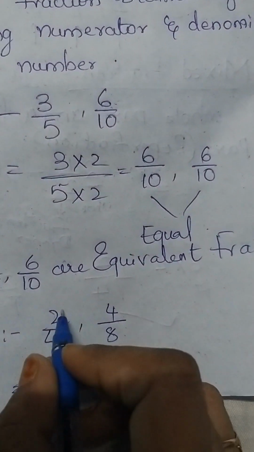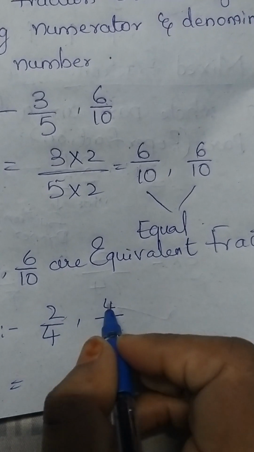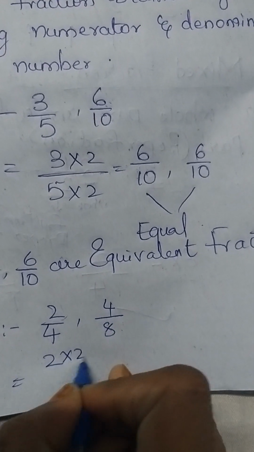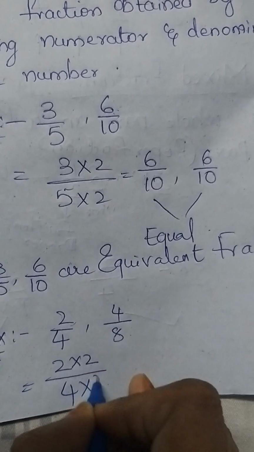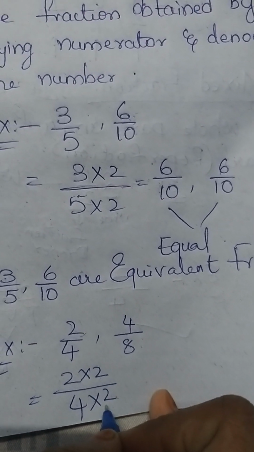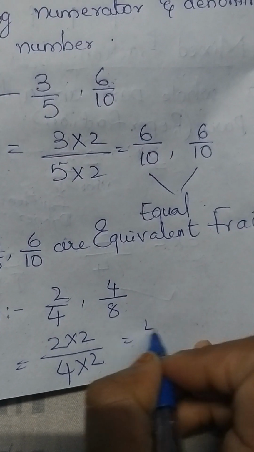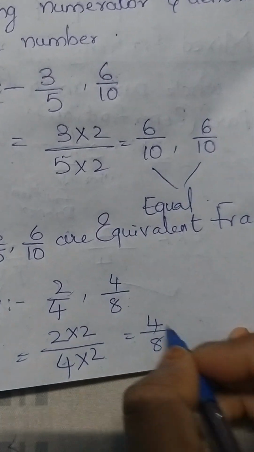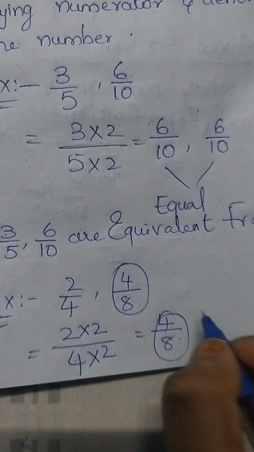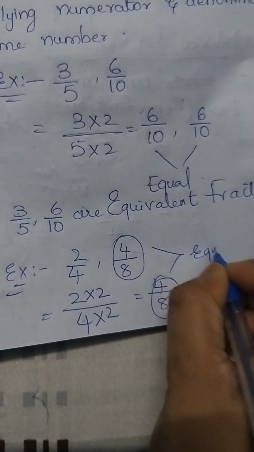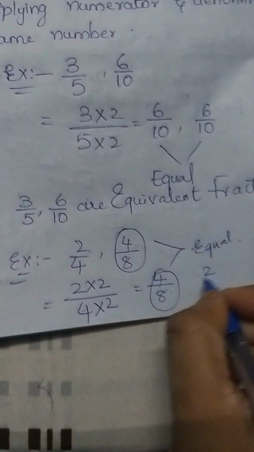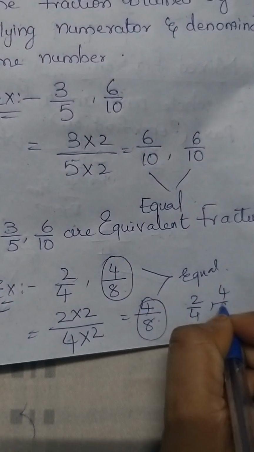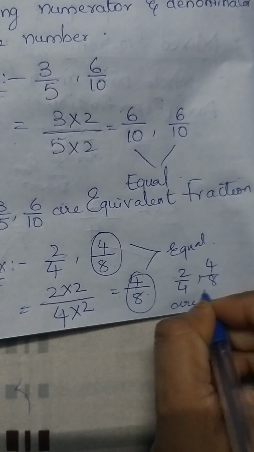See here, by multiplying by 2 you can get 4 by 2. 2 into 2, 4 into 2. By multiplying numerator and denominator we get 4 and here 8. So this one and this one are equal. So the given 2 by 4 and 4 by 8 are equivalent fractions.